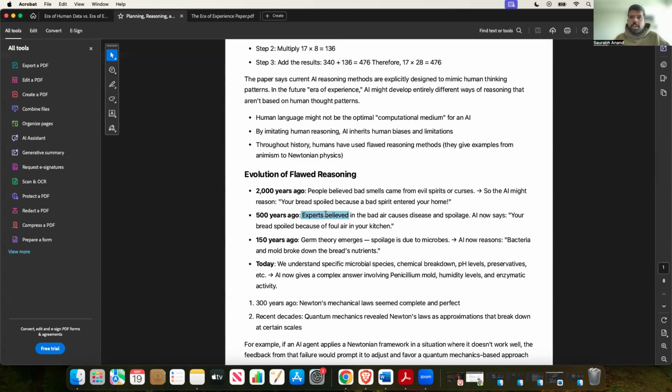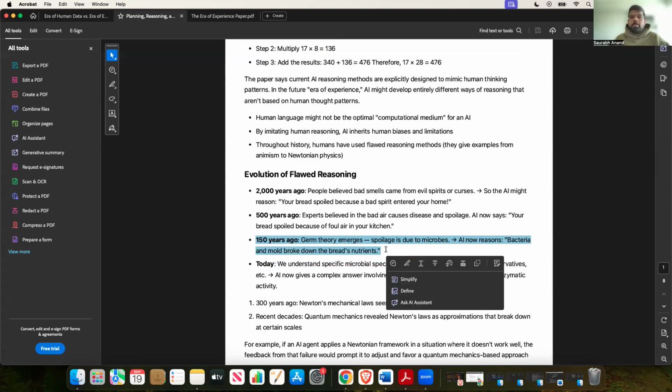We were seeing some modification. Experts believed bad air causes disease and spoilage, so the AI would now say your bread spoiled because of the foul air in your kitchen. As we progressed further, 150 years ago, germ theory emerged: spoilage happens due to microbes, and the AI can now say bacteria and mold broke down the bread's nutrients.